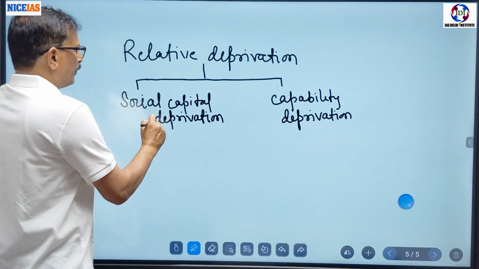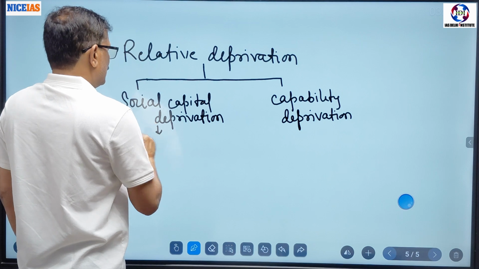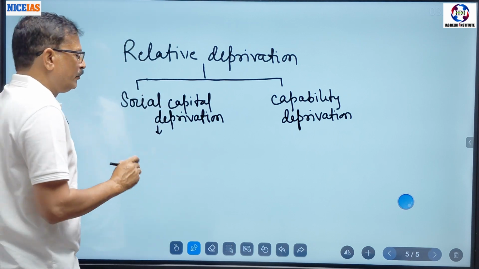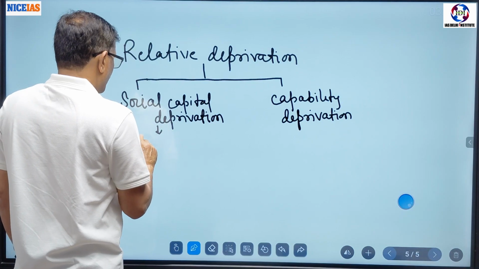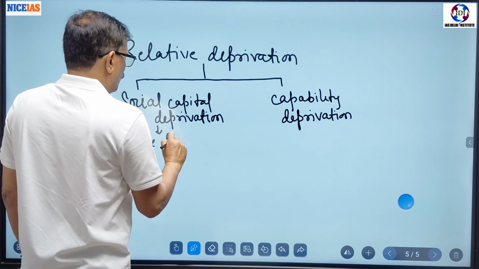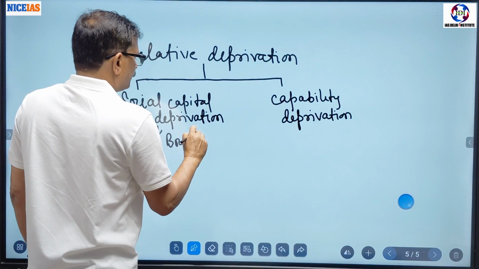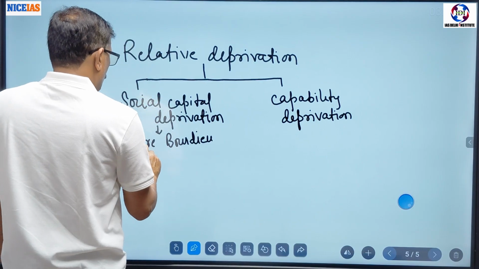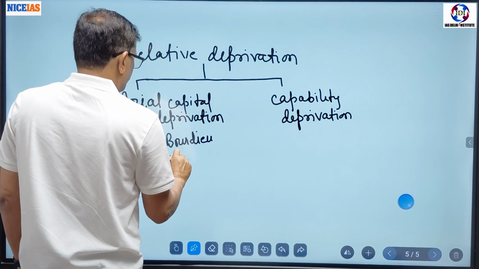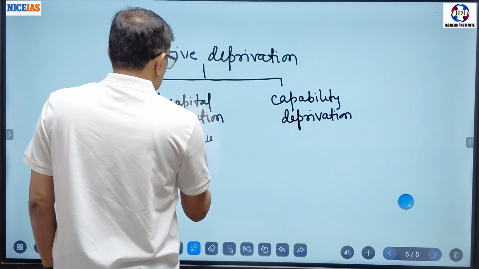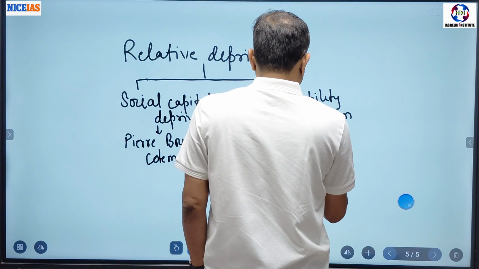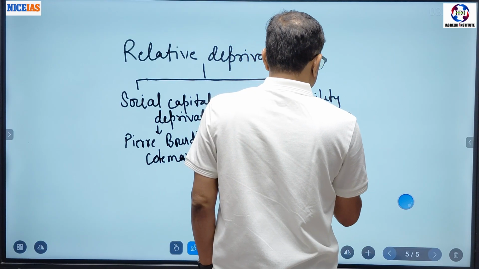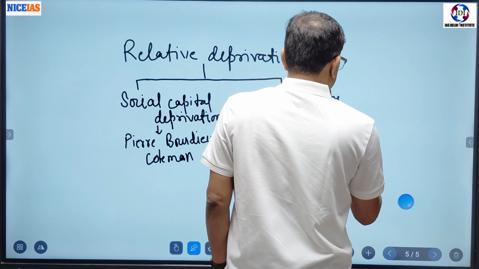Social capital deprivation is linked with the work of Pierre Bourdieu and Coleman, and capability deprivation is the handiwork of Amartya Sen.